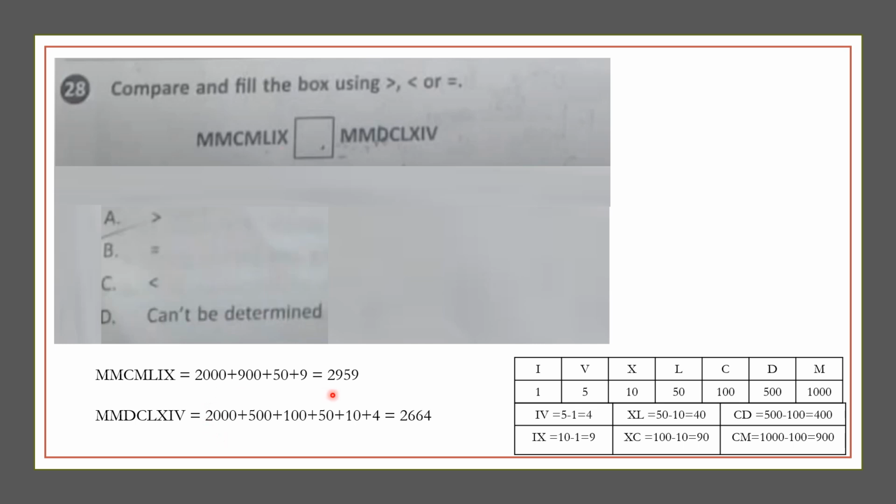Let's calculate the total value. It will be 2959. Now let's calculate the value on the right hand side. 2M, which is 2000, D is 500, C is 100, L is 50, X is 10 and IV is 4. So this is 2664. So 2959 is greater than 2664. Our answer is option A, greater than.